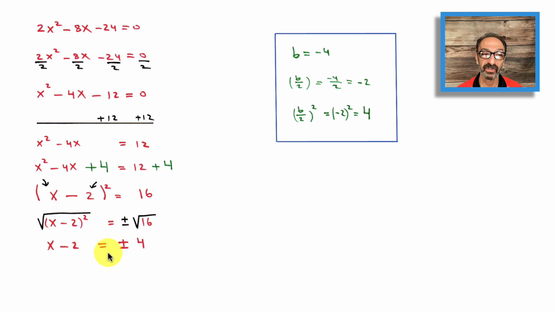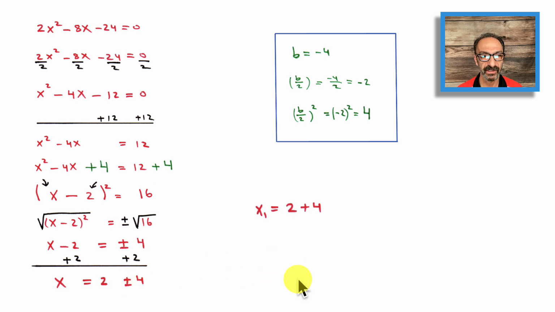So we have x minus 2 equals plus minus 4. Add 2 to both sides, and I get x equals 2 plus minus 4. Two options. Once we add, which is 6, and once we subtract, which is -2.